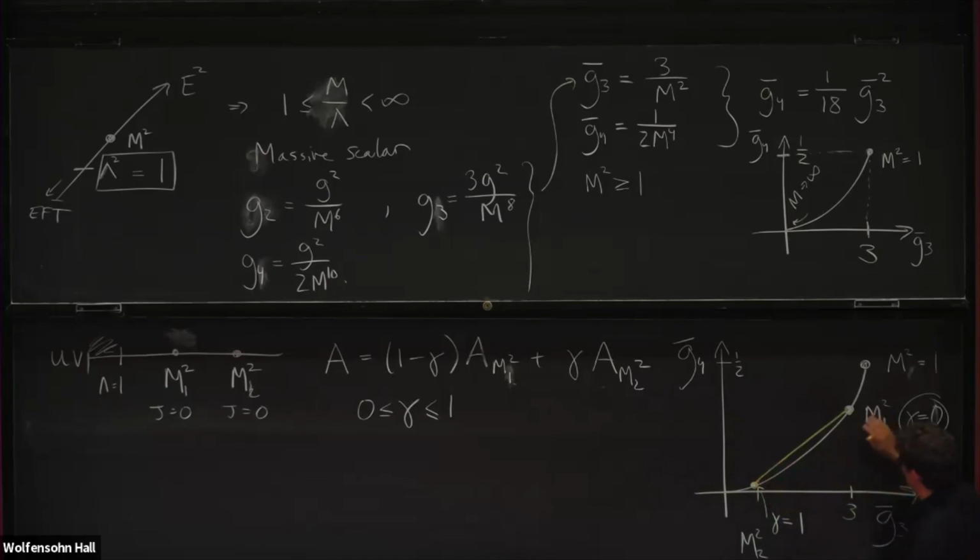And now you could see that if I vary the masses and then vary gamma, I can trace out the entire span of all these different points. As I change the masses, I could trace out anything in here, in this wedge. And that is the thing that would be called the convex hull of the original theory.